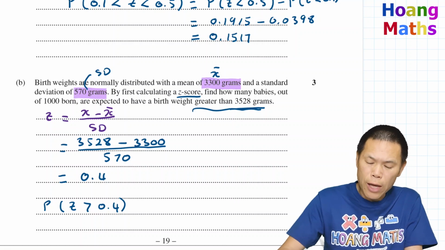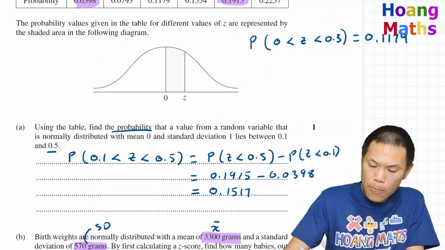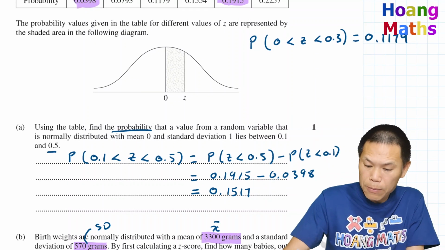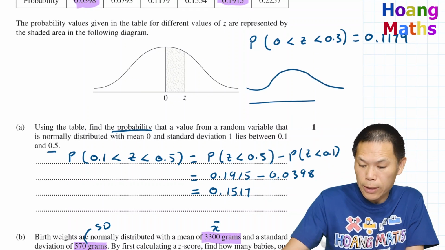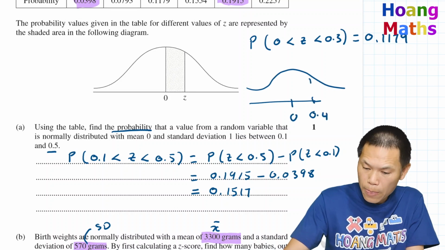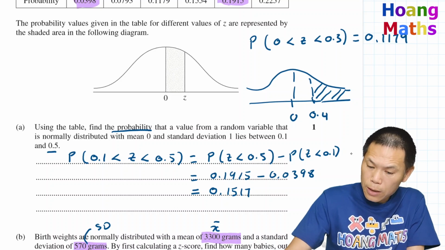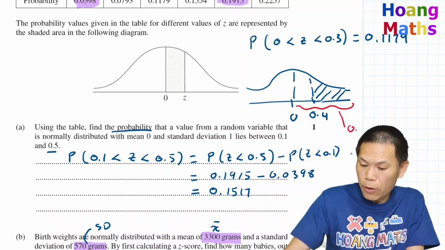So now we know that greater than 0.4 is, let's say z is 0.4. Let me just redraw this so you can see what it is. So this is 0, this is 0.4, and what it means is we need to find this probability. And we know that from here to here is 0.5.